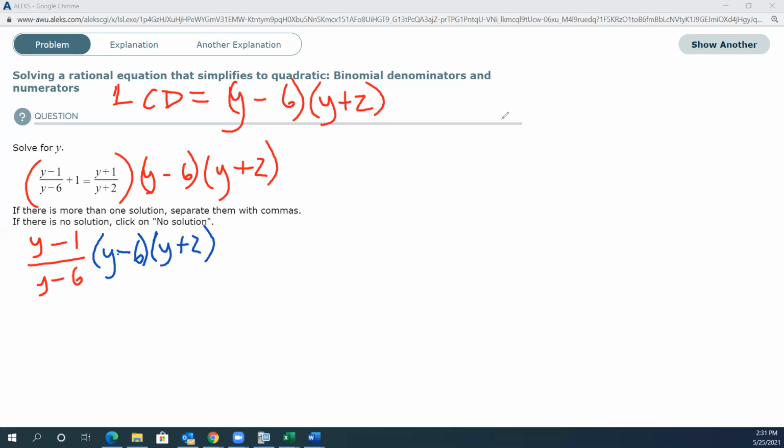Then we get that plus 1, and that's a new term, so it also gets multiplied by the LCD. A lot of people skip this step because it's tedious, but if you see it, it makes it so much easier to tell what is going on. So I'll include that at least once.